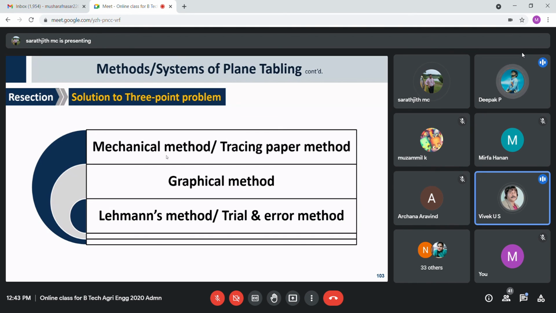Okay, so that is one thing. Second thing is, I have shared a PDF in our group, which is your practical record. That has to be written as your practical record in a hardbound book.